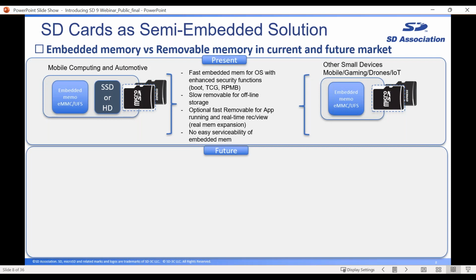Both support boot, TCG, and RPMB. The removable device is usually relatively slow and used mainly for offline storage. An optional fast removable is also available for applications running from cards or real-time recording.